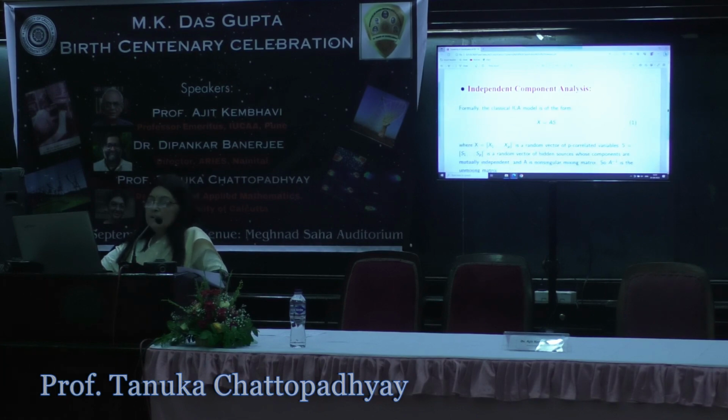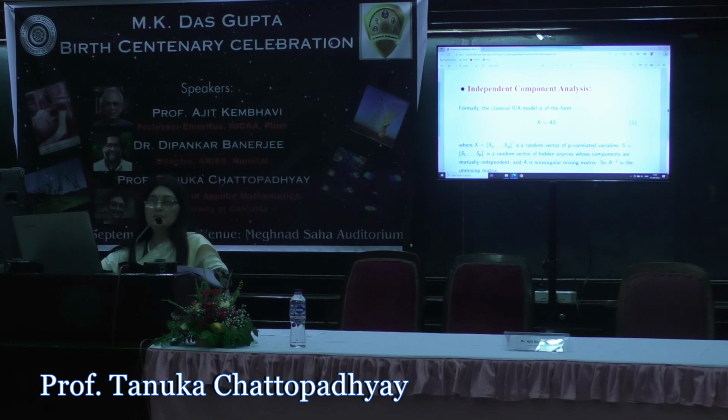So X is the data in our hand, and A and S: S is the signal matrix, and A is the mixing matrix. From this relation we find S, the signal, which is X A inverse. In this way we get the signal only and reduce the noise, and we get the IC components, that is, the independent components, which are linear combinations like in the previous principal component analysis.